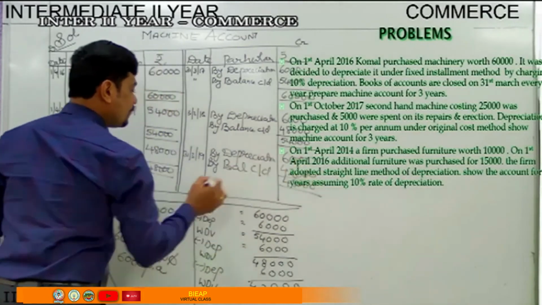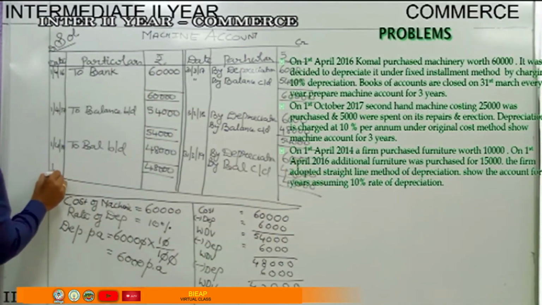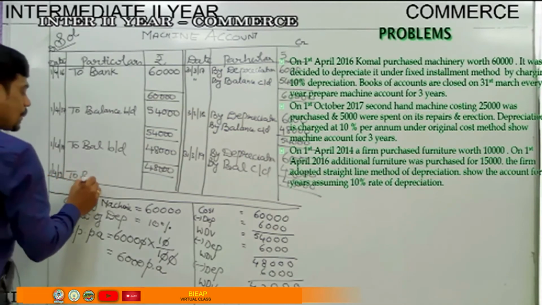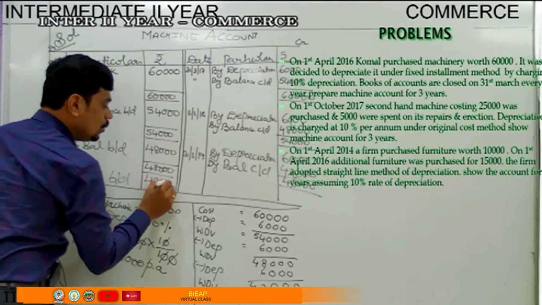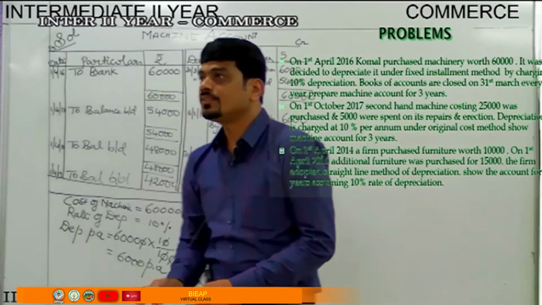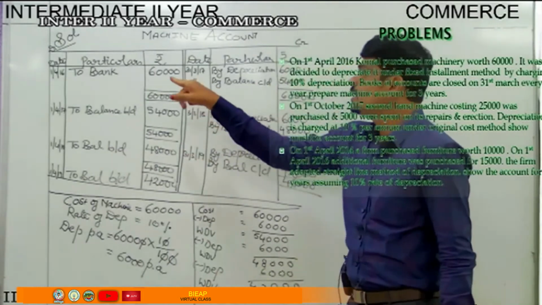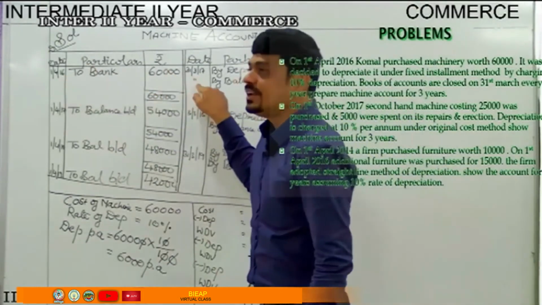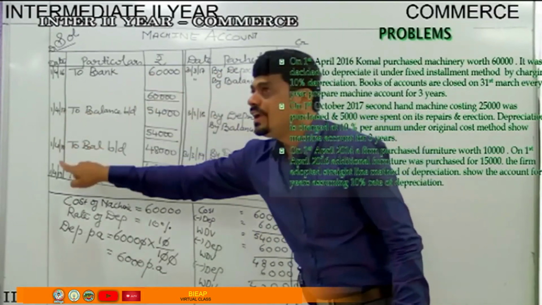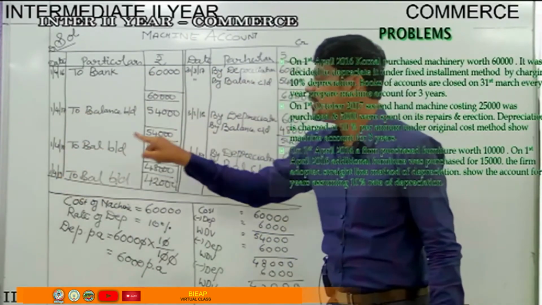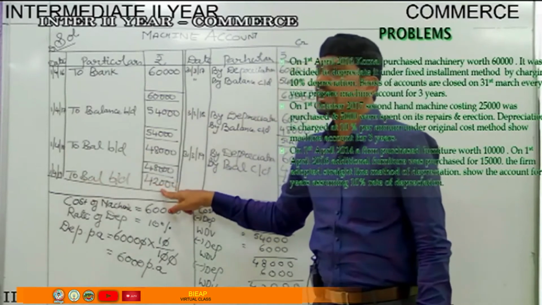What is the balance of the fourth year? We'll bring down, 1st April 2019, to balance 42,000. They asked you to prepare for 3 years. Did we complete for 3 years? Yes. 16 to 17, 1 year. 17 to 18, second year. 18 to 19, third year. And the fourth year we left the balance.